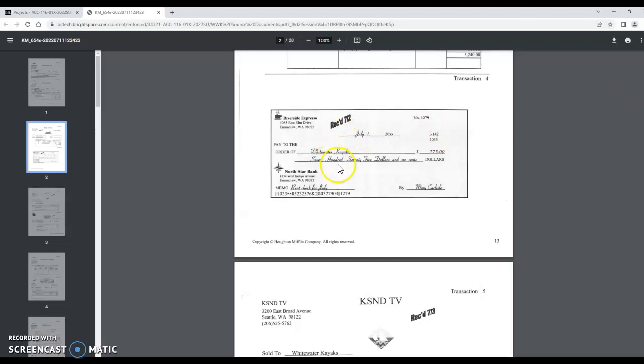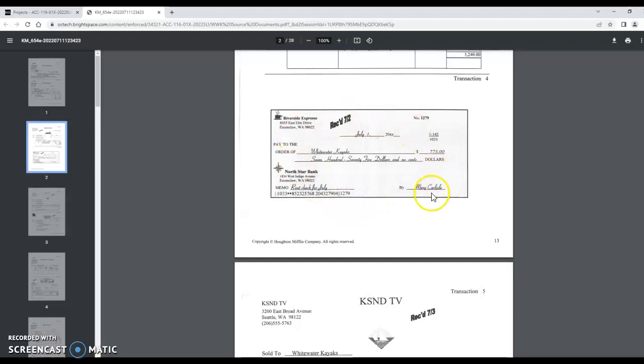Okay, here we have a check from Riverside Espresso, and it's made out to us. So someone is paying us, and down in the memo line it says rent check for July. Riverside Espresso obviously has a little coffee shop renting space inside of our store.